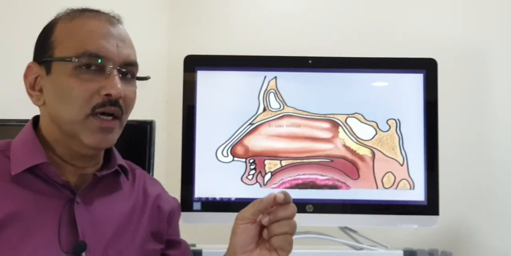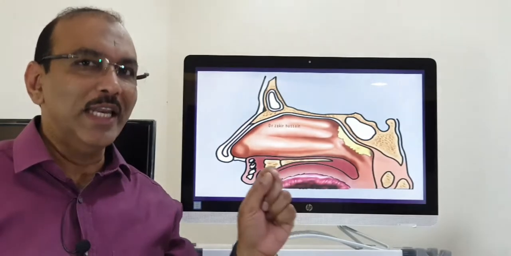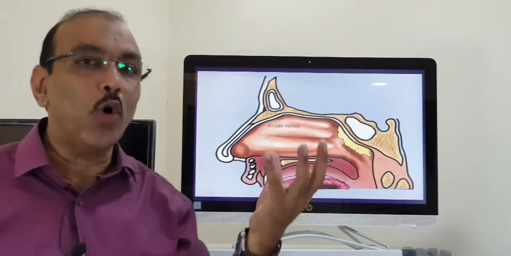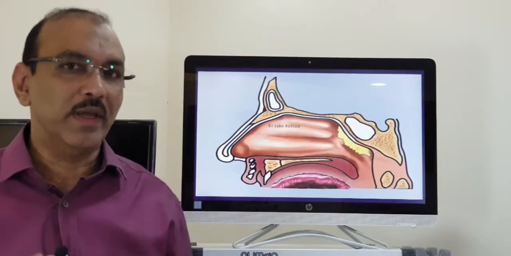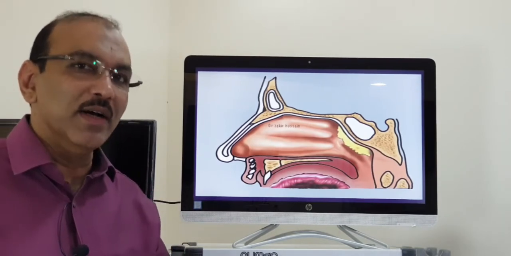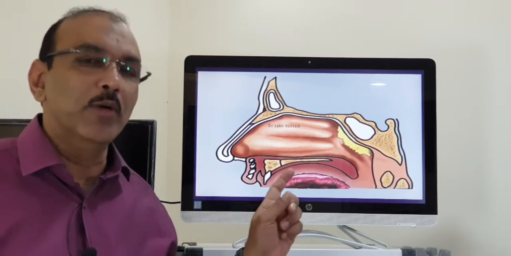Most of the main cause for obstructive sleep apnea is behind the nose and behind the oral cavity. That is where you have collapsible structures in the upper airway. These patients may have a nasal problem at the same time, so we have to deal with the nasal problem also.